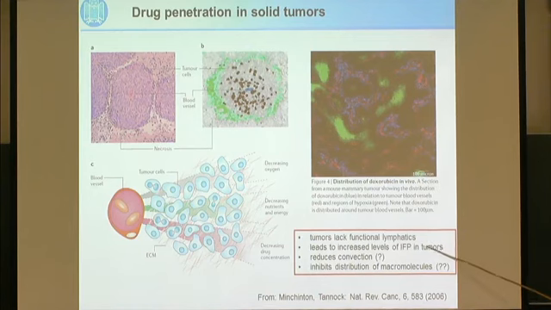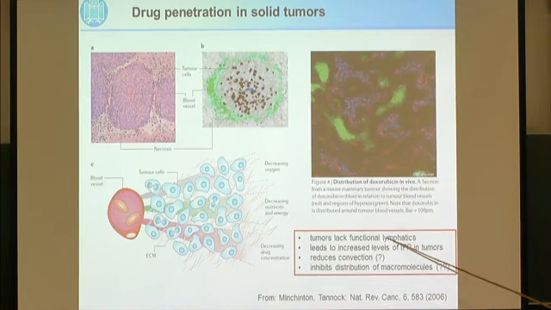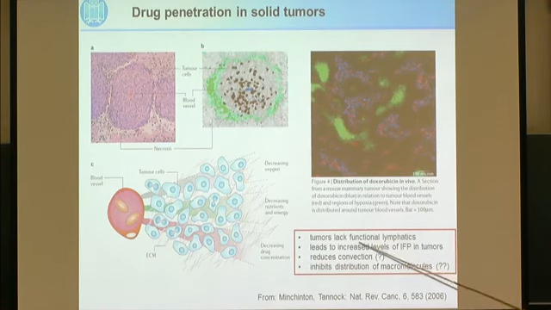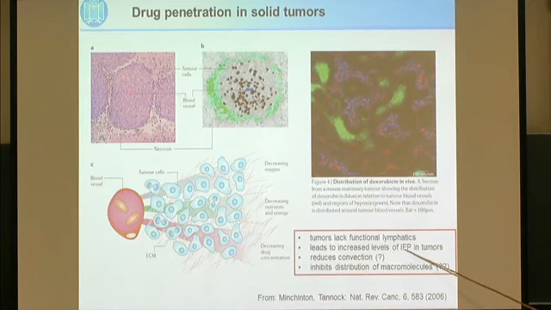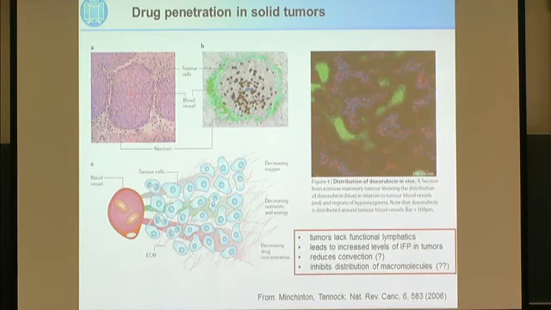It has been speculated, again by Rakesh Jain, that because the tumor doesn't have lymphatics, and the tumor vessels are very leaky because they grow so fast, so they have lots of holes, the fluid pressure in the extracellular matrix, in the interstitium, the space between these cells, is high, and that reduces convection, and that inhibits the distribution of macromolecules.